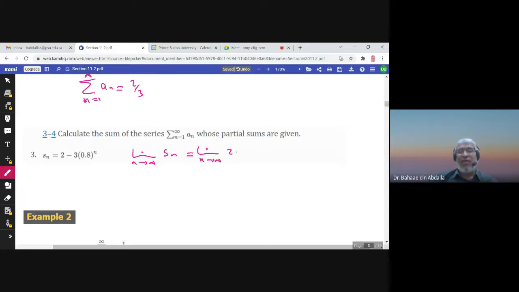So we have seen in the previous section that the limit of this would be 0 because r is less than 1. So the limit would be 2 minus 3 times 0 equals 2. So the limit of Sn would be 2. This means that the sum of the series of an from 1 to infinity is equal to 2.